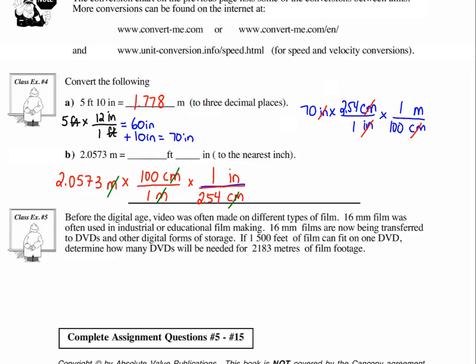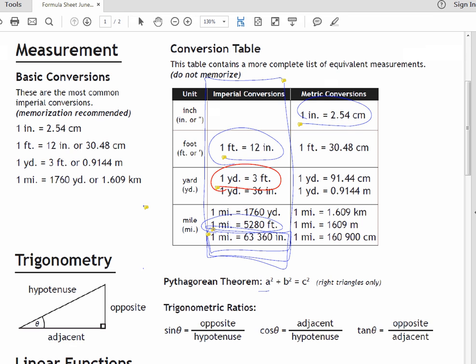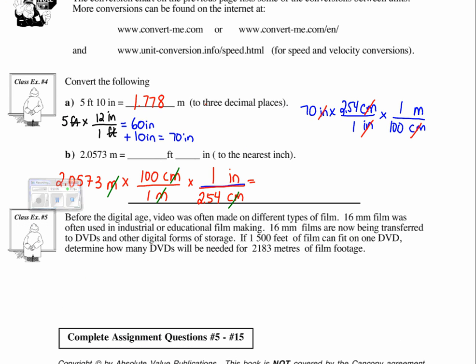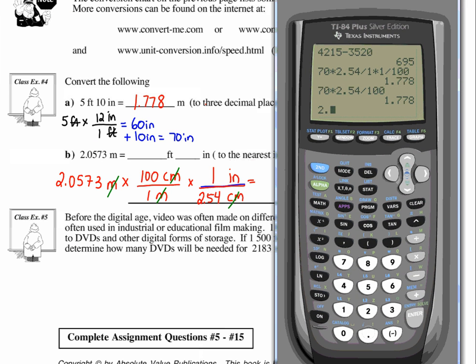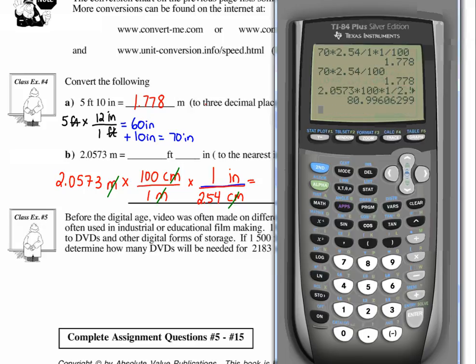Now obviously that's not our final answer, but we need to get it in inches first, then figure out how many full feet will be in that. So let's calculate that. 2.0573 times 100 times 1 over 2.54, or you can just go divided by 2.54. 2.0573 times 100 divided by 2.54, same thing.